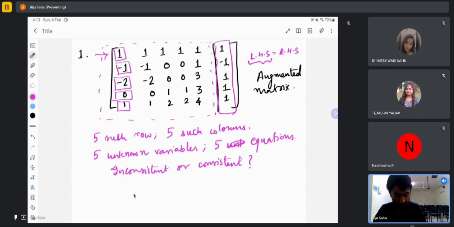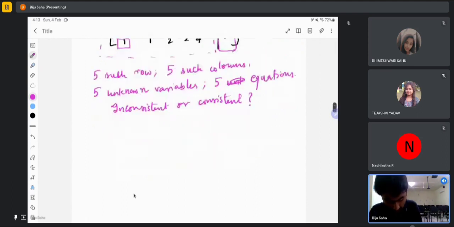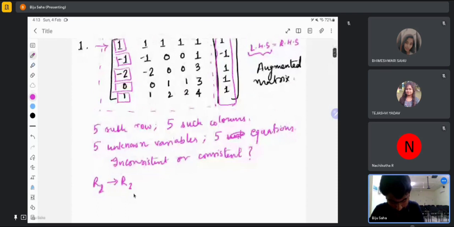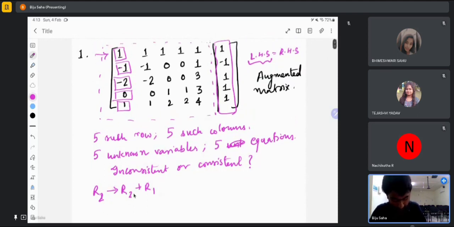That can be done by performing row operations. This is the first row operation that you can perform: modify the second row such that the new second row is the sum of the second row and the first row. So R2 goes to R2 plus R1.